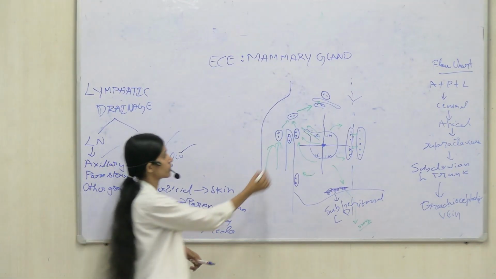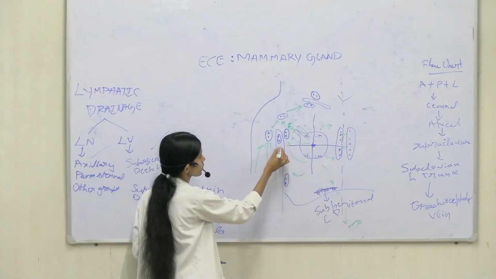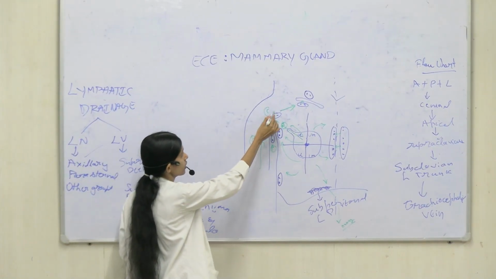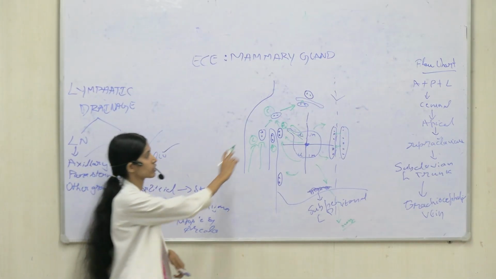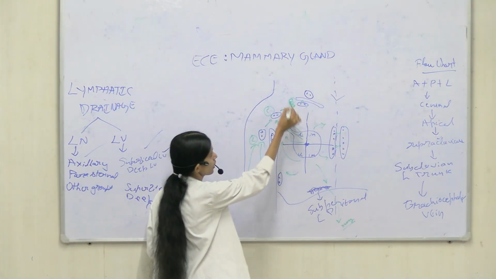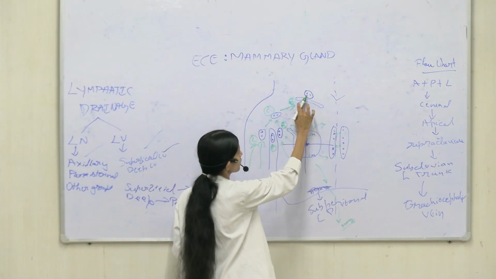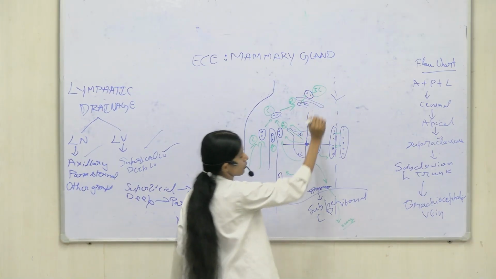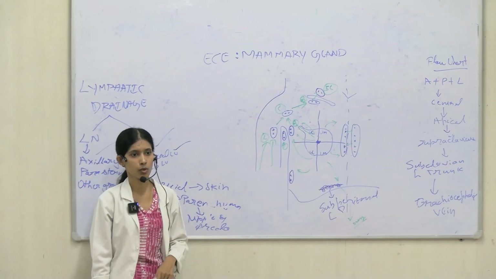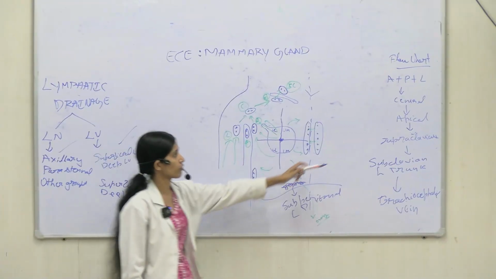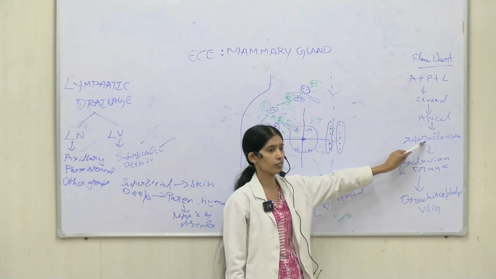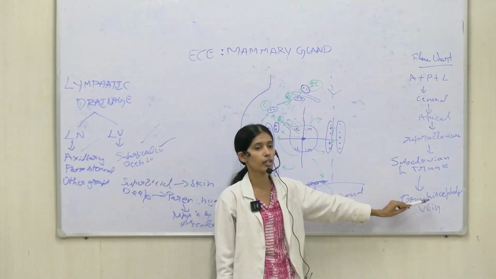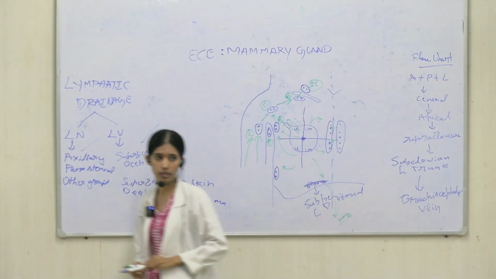The anterior, posterior and lateral groups of lymph nodes drain into the central lymph nodes. From the central, it goes into the apical part, and from the apical into the supraclavicular lymph nodes. This is the same thing I have explained here. After supraclavicular, it goes to the subclavian lymphatic trunk, followed by the brachiocephalic vein.